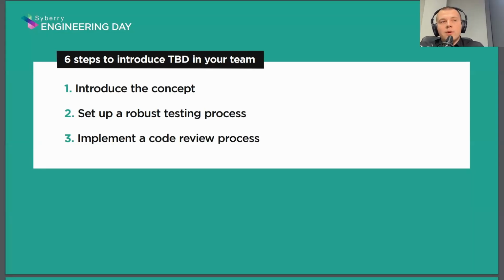Code review. One more important part in trunk-based development, and I believe 90 or even 99% of projects currently have a code review process. When we speak about trunk-based development, code review is extremely important. We've tried to introduce pair programming, but to be honest, after several tries, we decided to postpone introducing this process.